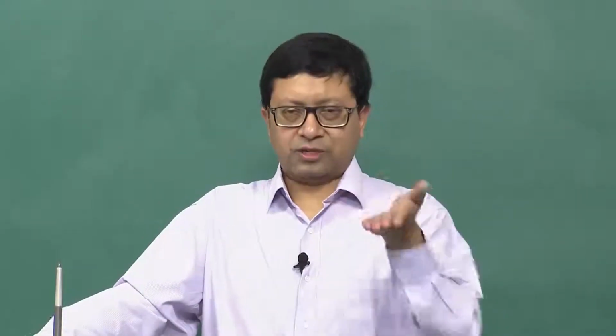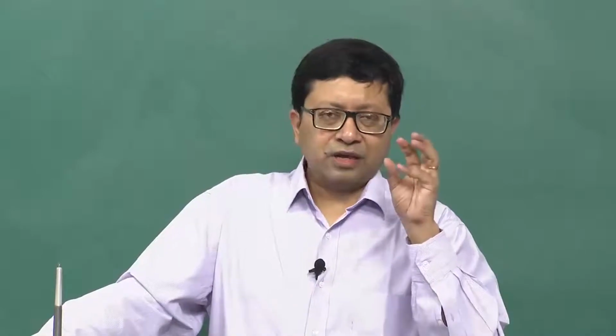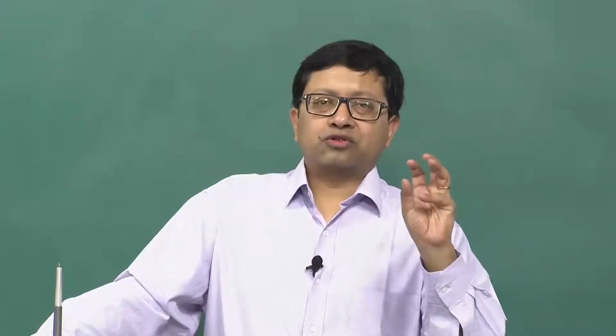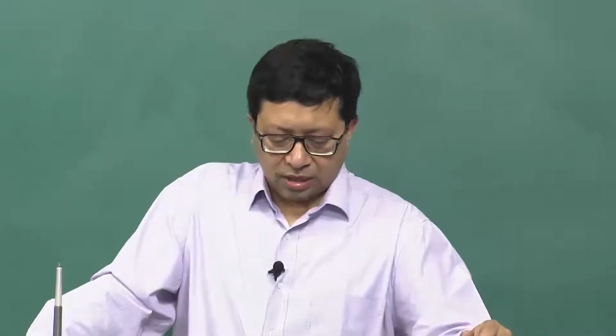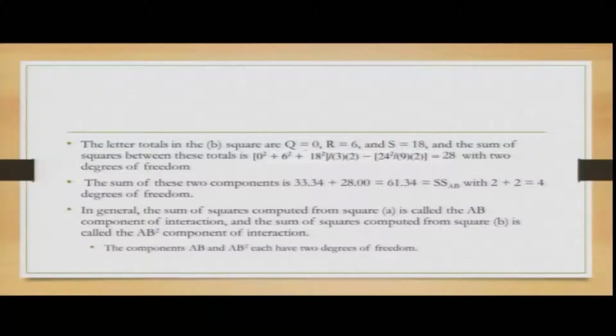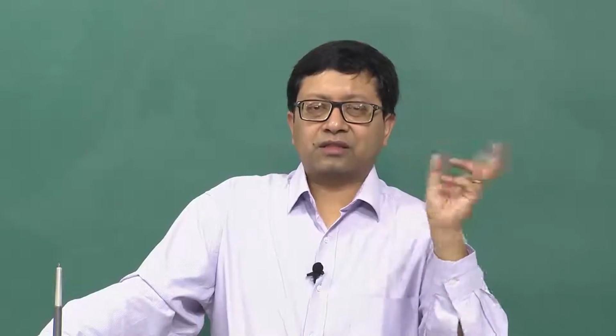If you remember, I just mentioned that you are trying to utilize the least number of variables or least number of so-called resources to get the maximum prediction value or the maximum output. The sum of the two components comes out to be 61.34, which is the sum of the squares for AB, with degrees of freedom being 2 and 2, because you have the grids based on the number of variables.